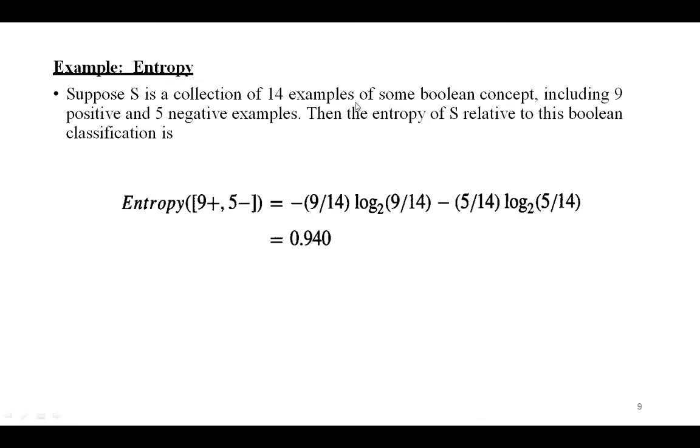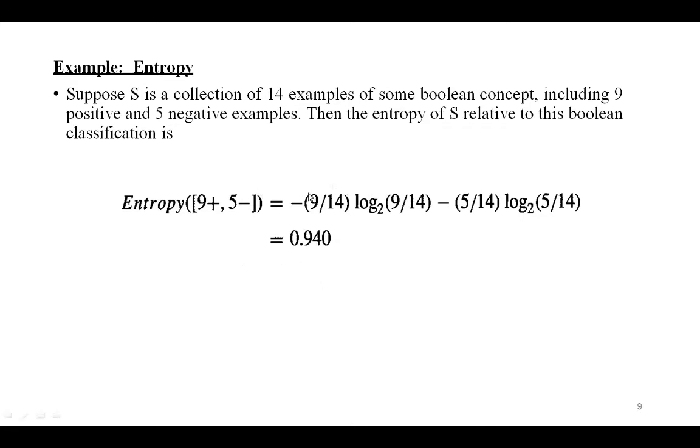Then the entropy of S relative to this Boolean classification is Entropy([9+, 5-]) = -(9/14) log2(9/14) - (5/14) log2(5/14), which is equal to 0.940.